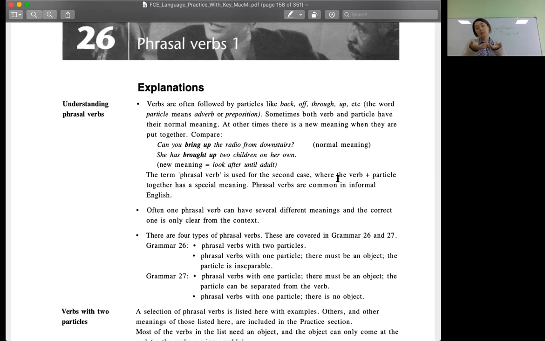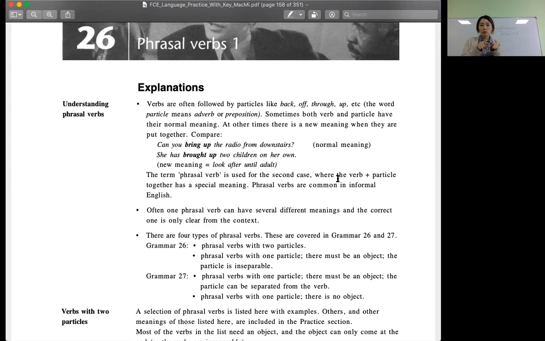But in some other cases, that verb and that preposition are merged into each other so much that two different words together have formed a third meaning. So these two words have actually a different meaning from the original verb, right? That's why we call them phrasal verbs.